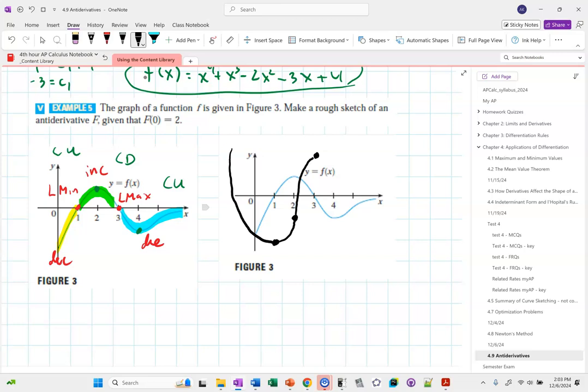And then there's our local max. So then we switch to decreasing, but we're still concave down until I get to 4. And I change to concave up again. Does that feel okay, everybody? And how I kind of drew that? Okay.